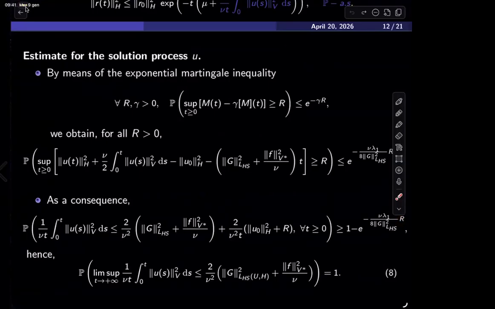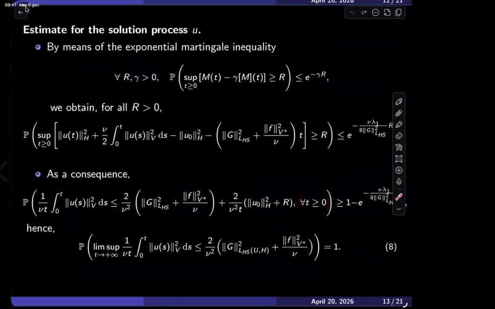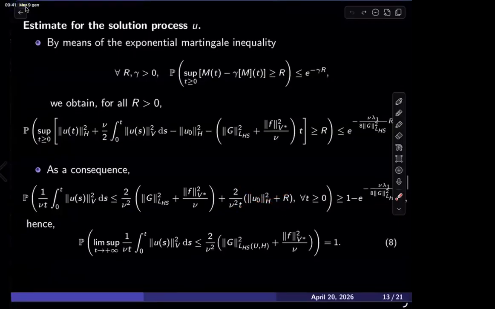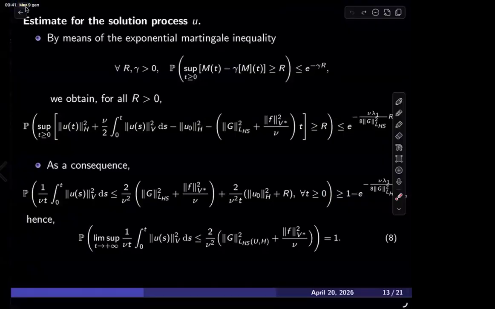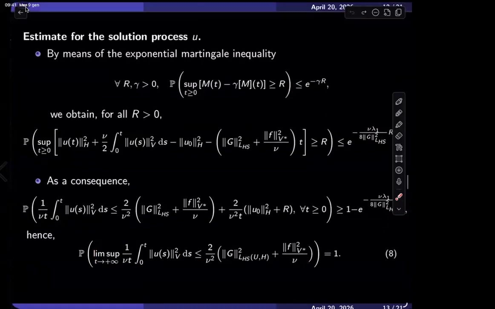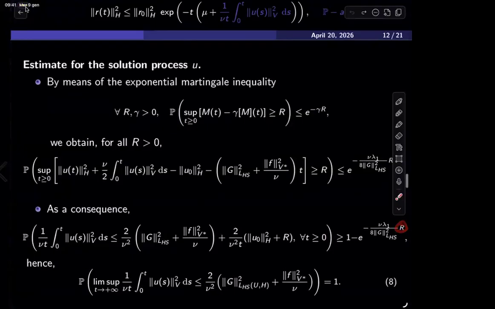Since this estimate holds for any time, you can take the lim sup. When you take the lim sup when time goes to infinity, this term here disappears. Basically, what you obtain is that the probability that the lim sup of the term you are interested in is bounded by the forcing term. Since r is arbitrary, you can take r sufficiently large such that the probability of this event is equal to 1.